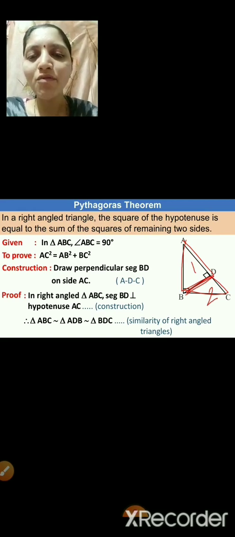Now we have to consider two triangles, triangle ABC and triangle ADB. Now we know that if any two triangles are similar to each other, then their corresponding sides must be in proportion. So we can write here AB upon AD is equal to BC upon DB is equal to AC upon AB, and the reason is corresponding sides of similar triangles.